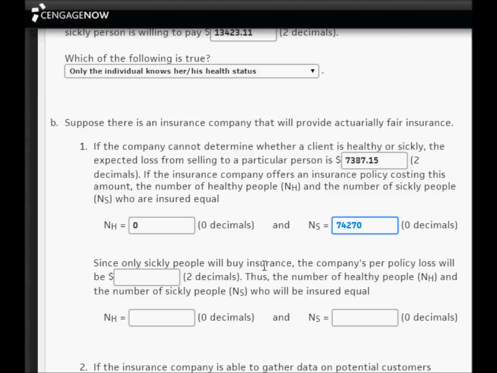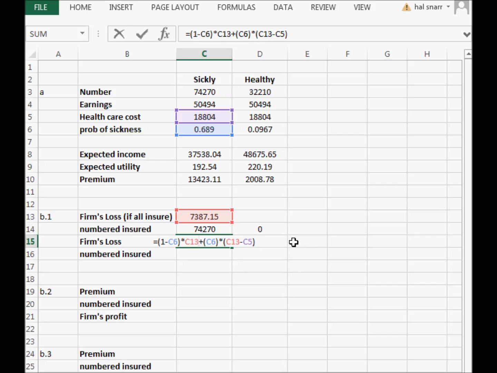Since only sickly people will buy insurance, the company's per policy loss will be equal to what? Since only sickly people are in the pool, the firm's loss is calculated by taking the difference in the premium the insurance company charges and the cost of returning a sickly person to health.